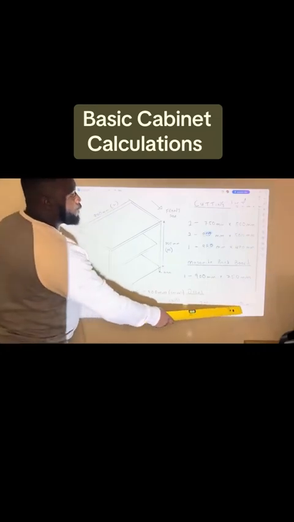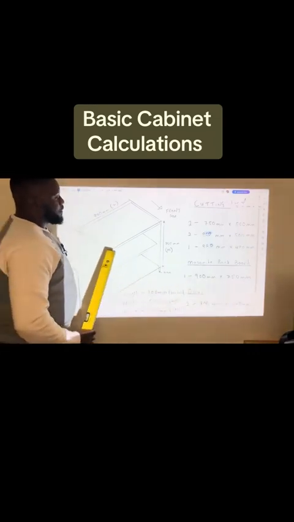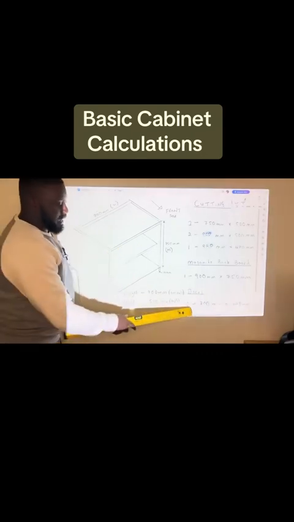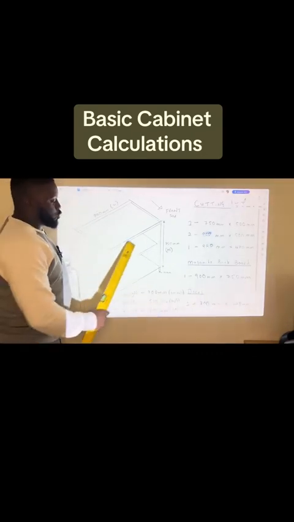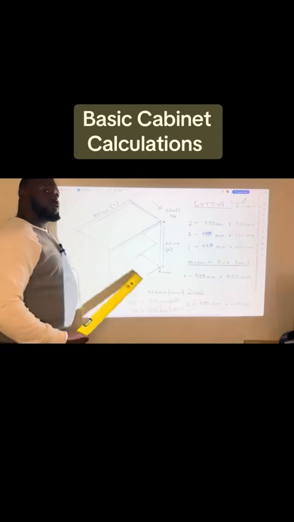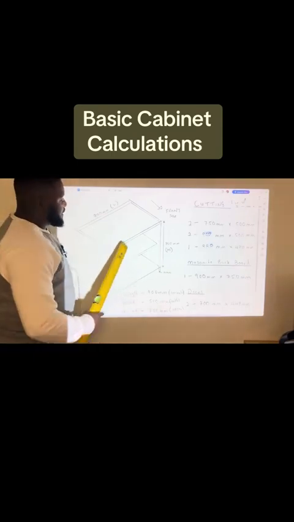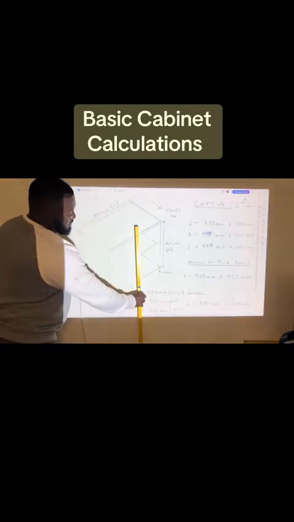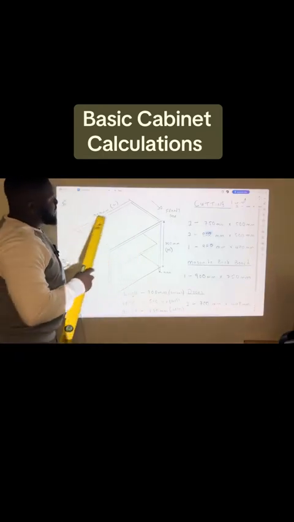750 by 448. We are saying these cupboards, there are two doors here. And when there are two doors here, it means they are going to be like this. All right. Now we have 900.